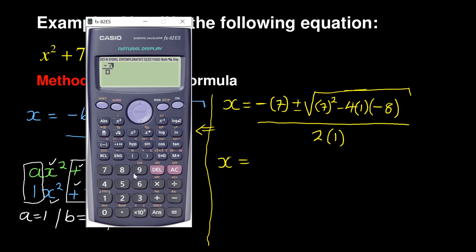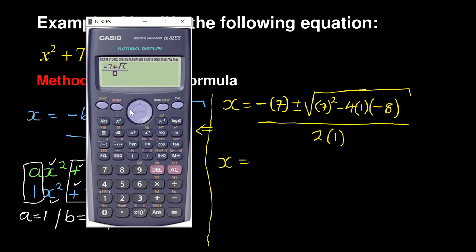Let us start with the top one, which is a positive, which is plus. You cannot use a plus and minus at the same time, so you have to choose whether you start with a positive or a negative. Remember, you must come up with two different answers. So I'm starting with a positive, and then plus square root of, and then in bracket.